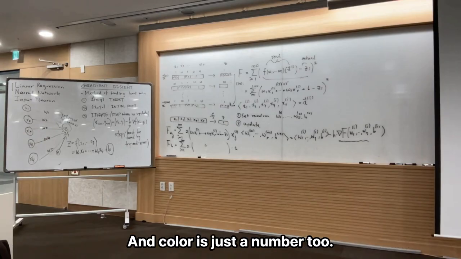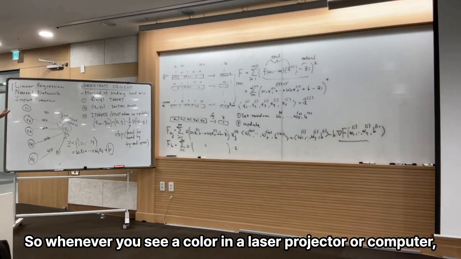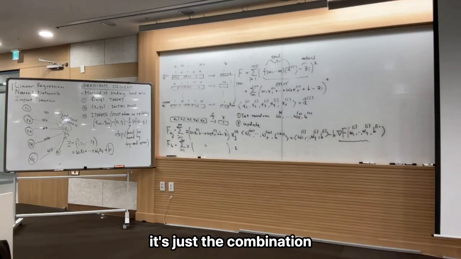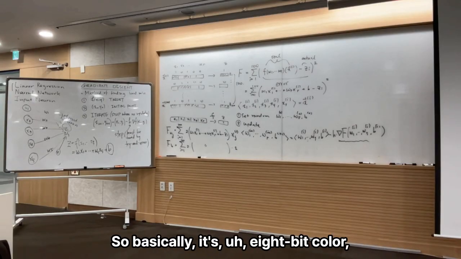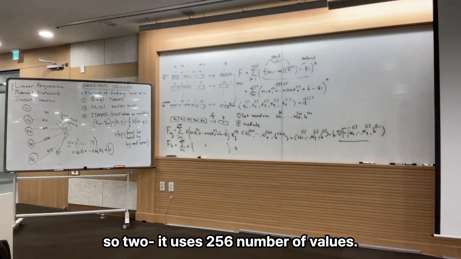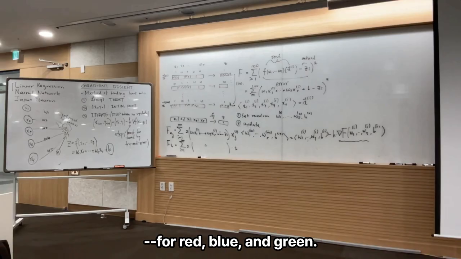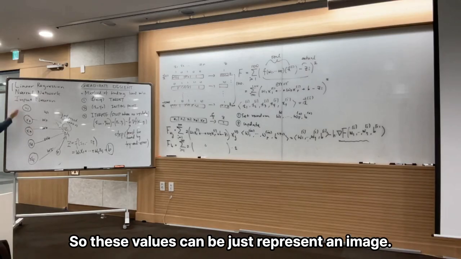And the color is just a number too. Whenever you see a color on a laser projector or a computer, it's just a combination of RGB numbers. Basically it's 8-bit color, so it uses 256 values for red, blue, and green. So these values can represent an image.